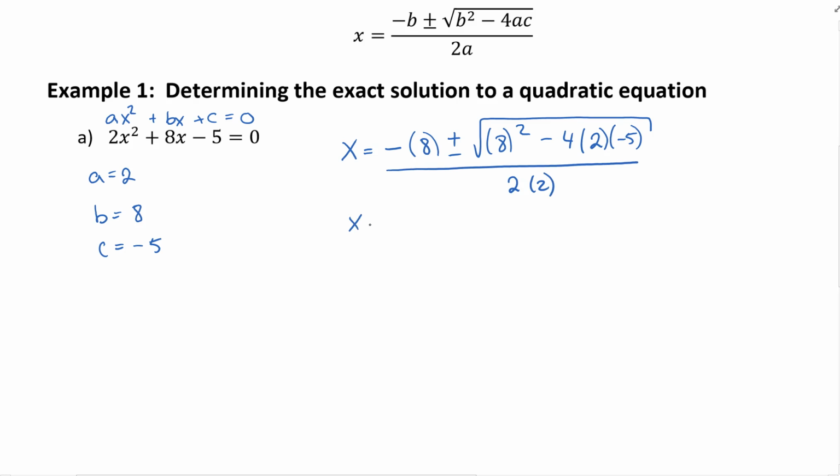Keep going here, we can start simplifying. We've got negative 8 plus or minus 64 minus 4 times 8 times negative 5 would give me a negative 160, all under the root, all over 4. Remember that dividing line goes across the entire formula. So a lot of students just put it under the radical, and that's not correct, okay?